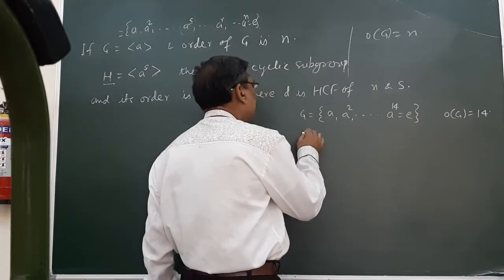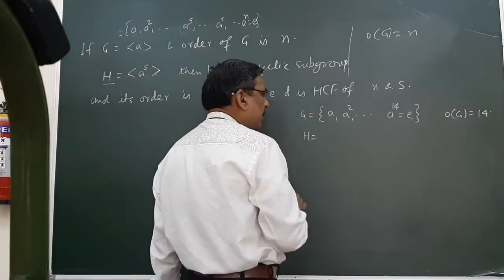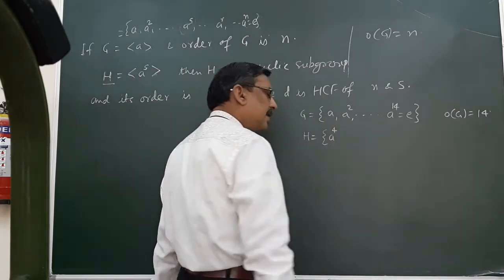Now construct a cyclic group with A^4 as its generator.